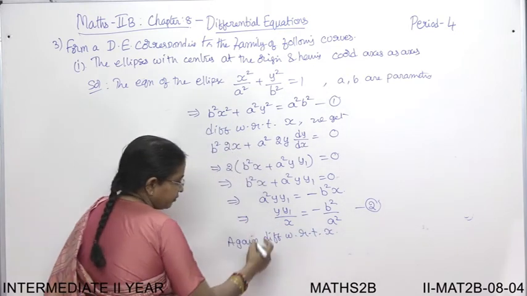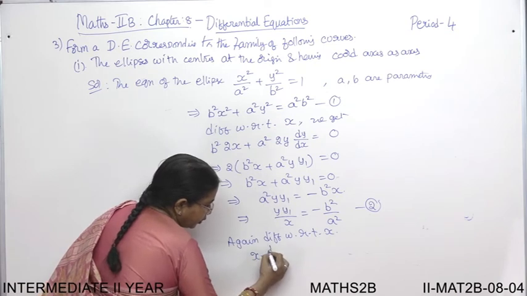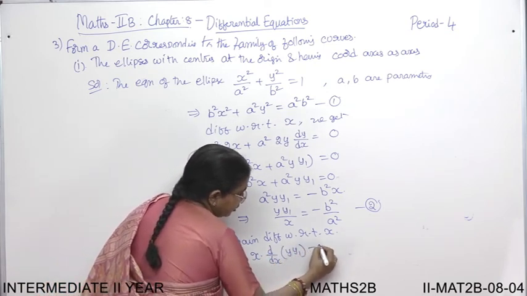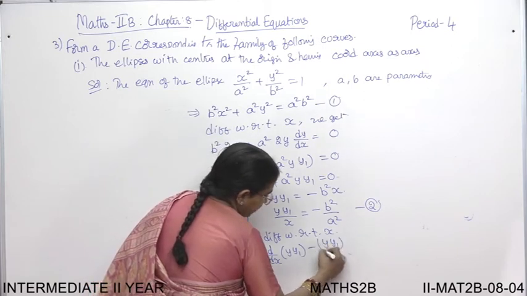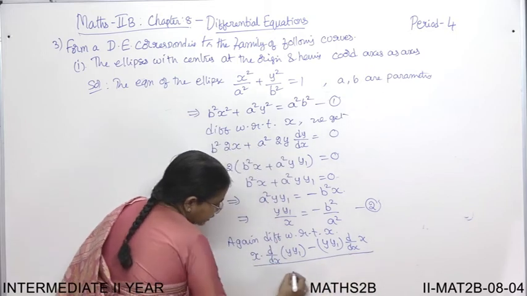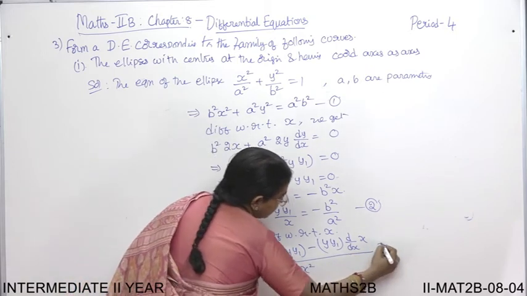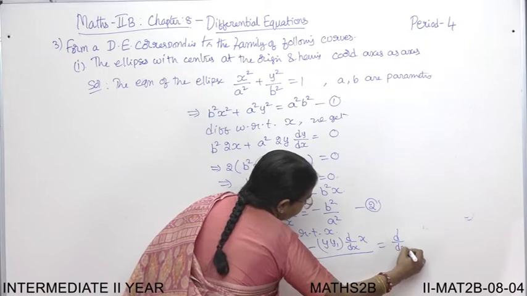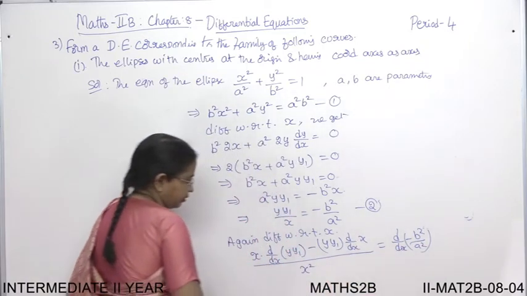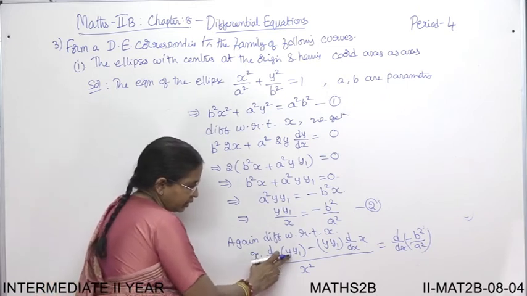So the derivative of this is denominator into the derivative of numerator minus numerator into the derivative of denominator by denominator square, x square, is equal to the derivative of minus b square by a square, which is a constant. So its derivative is 0. Now here the only difficulty is here.